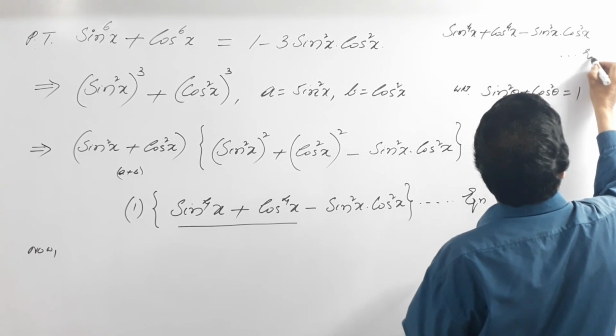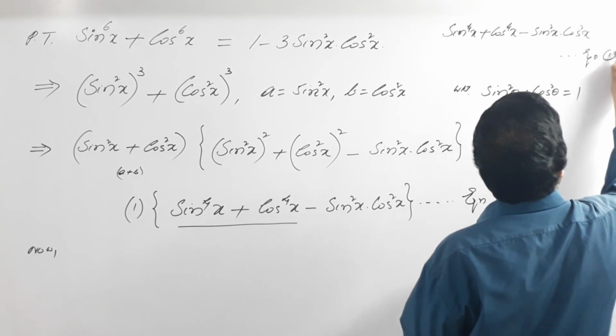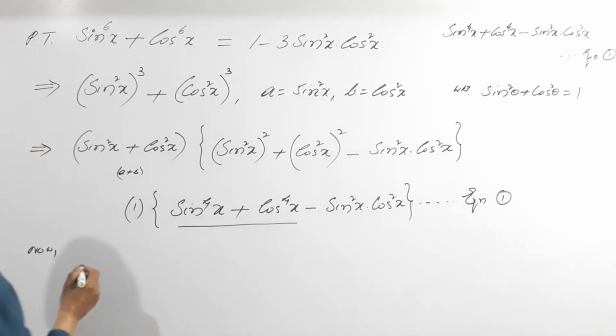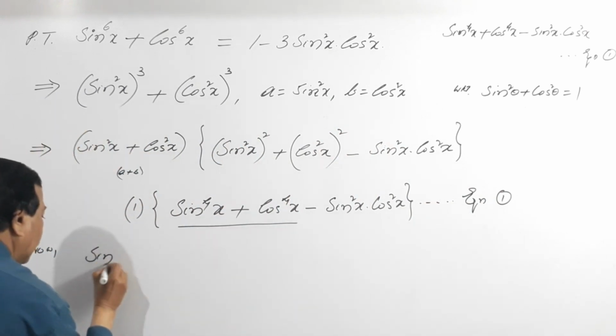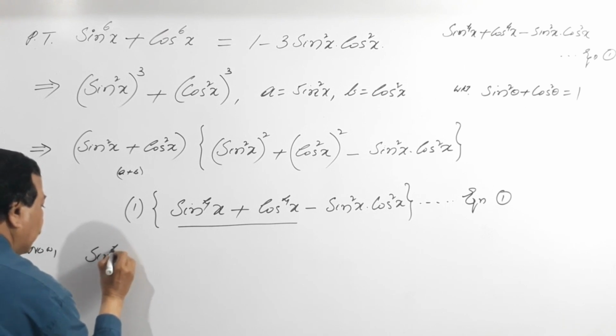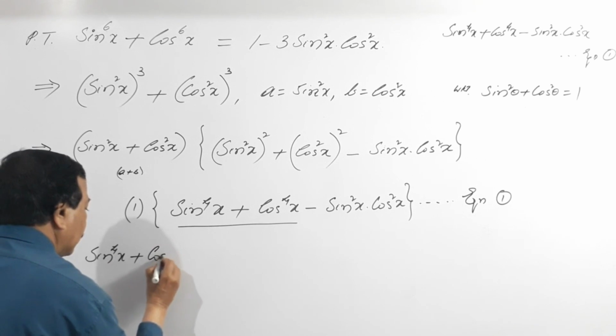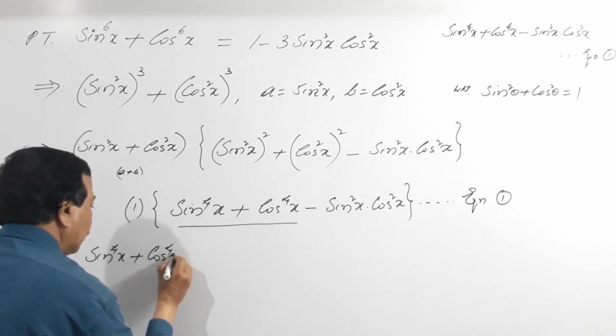This is our equation 1. अगर मिट भी गए तो उससे ले लेंगे. So now sin 4x plus cos 4x.